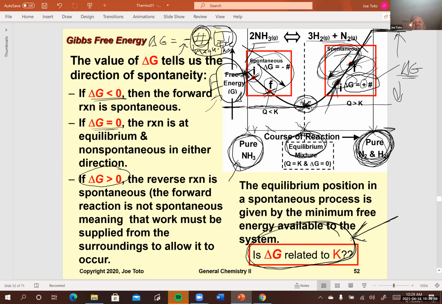So you could extract more free energy by starting with the products and going towards equilibrium. So that's just kind of something to think about, and something that we'll go over a little bit more, and you might see it in some problems.